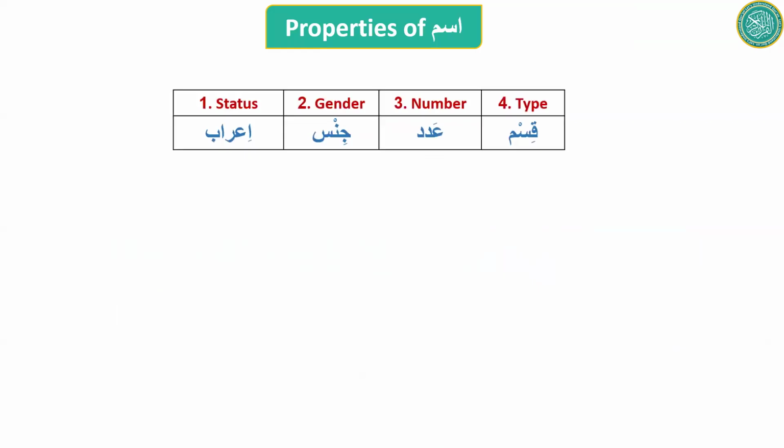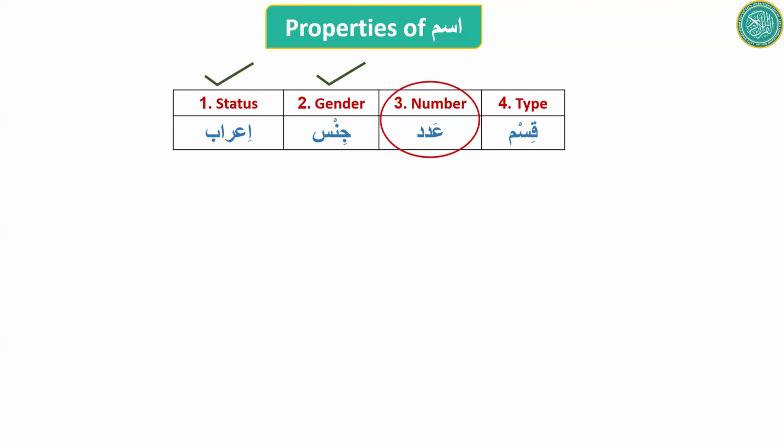And what we are going to do today is start the next property of ism. So status, we are done: Rafa, nasab, and jar. Gender, we are done: masculine or feminine, and we learned the reasons to call feminine. And if we don't see any of those reasons, then we call that word masculine. Today we are going to learn about number.